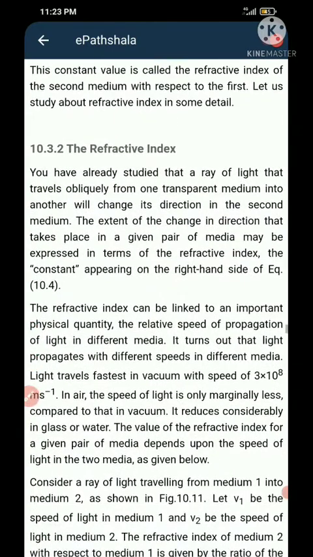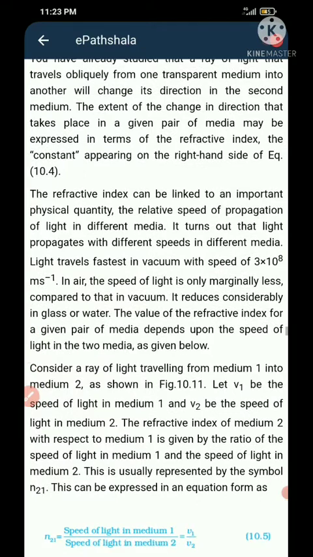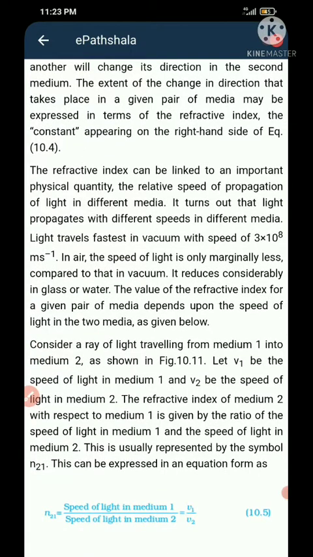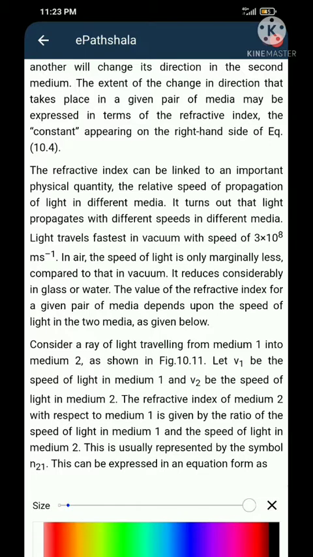So refractive index can also be linked to an important physical quantity, because the ratio in science also denotes speed. Speed is equal to distance upon time.